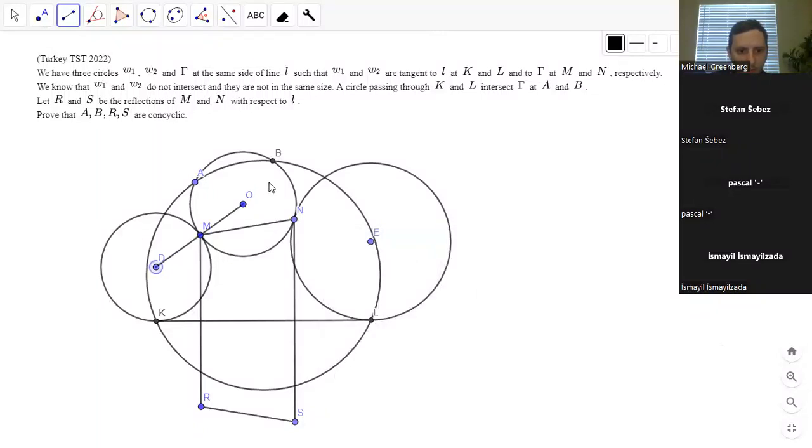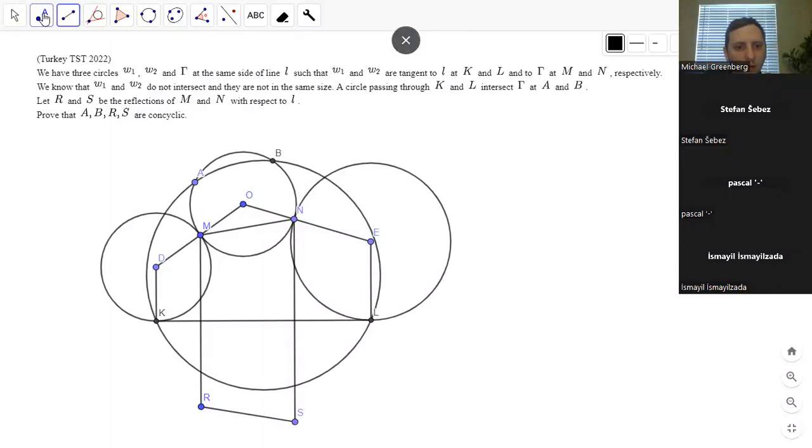But yeah, I wonder if the power ratio lemma makes it easier. I think this problem is just trivial. Oh, really? Yeah, you just spam 2, 3 radical axes and that's it.